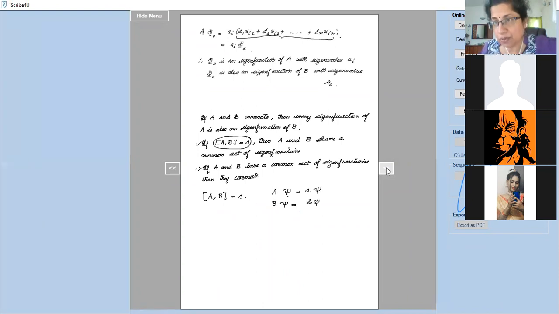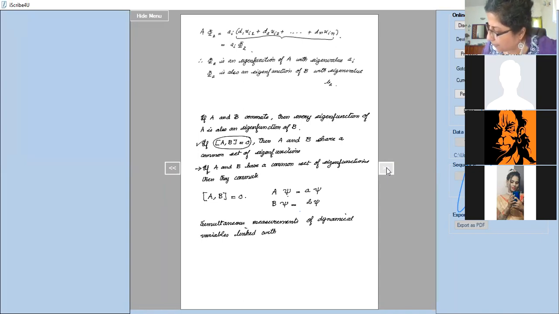What it tells you is that you can do simultaneous measurements of dynamical variables linked with A and B.